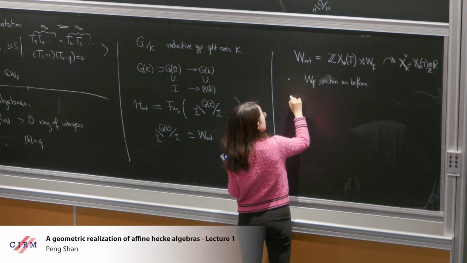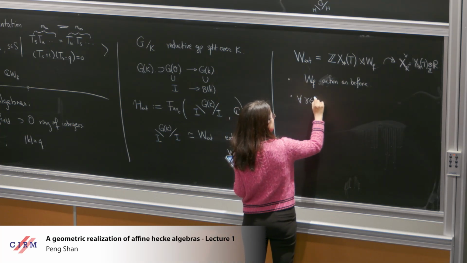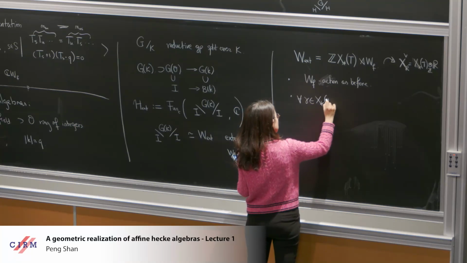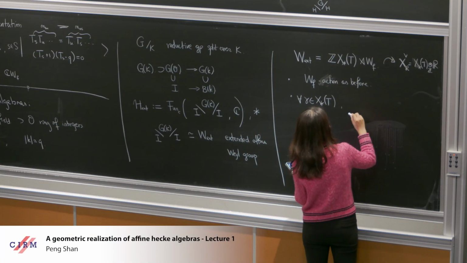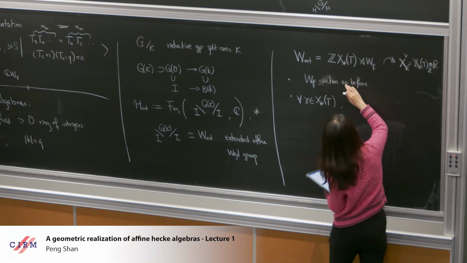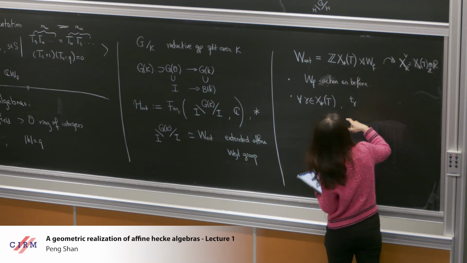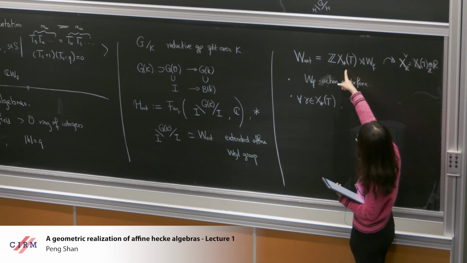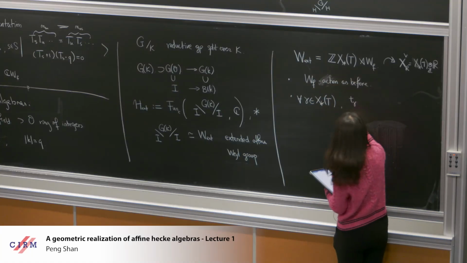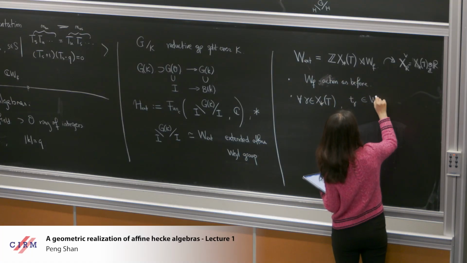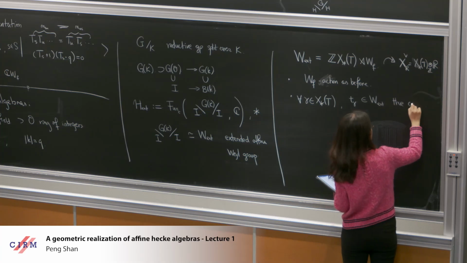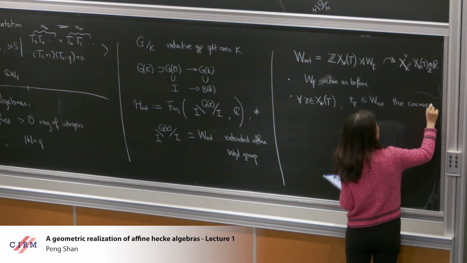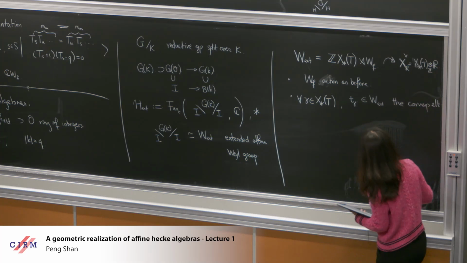For any gamma belonging to X star of T, we write t_gamma for the corresponding element in the extended affine Weyl group.